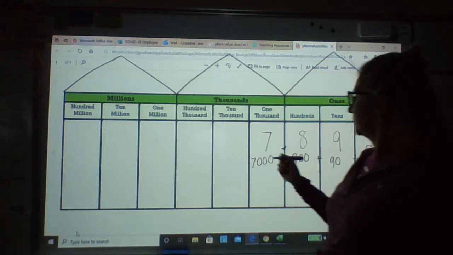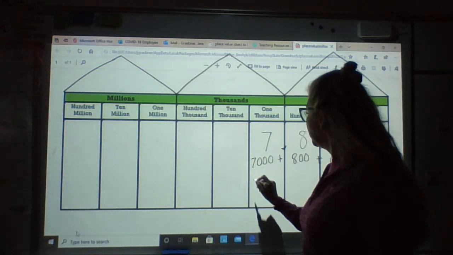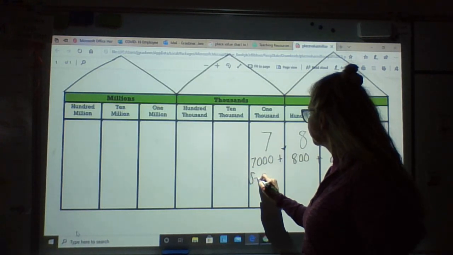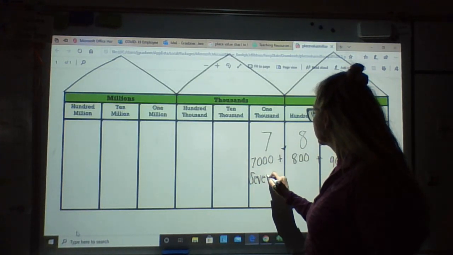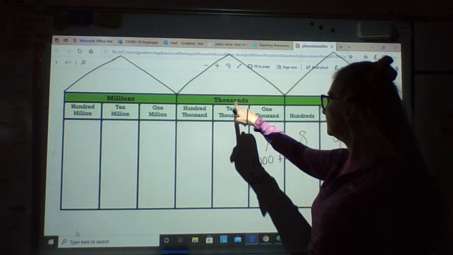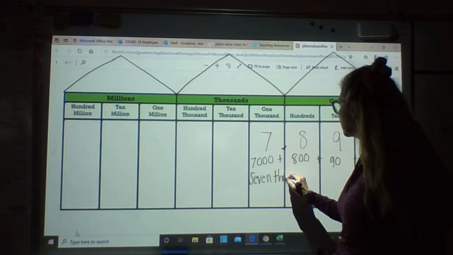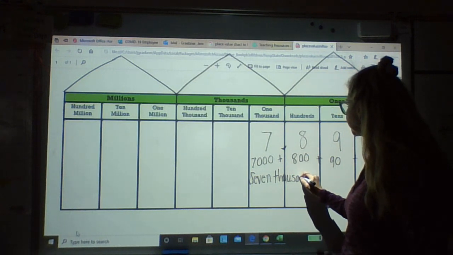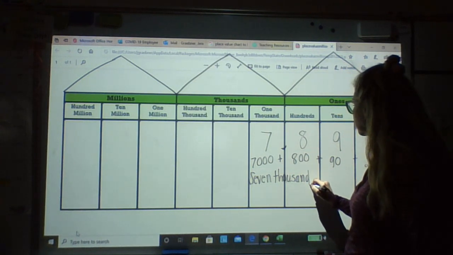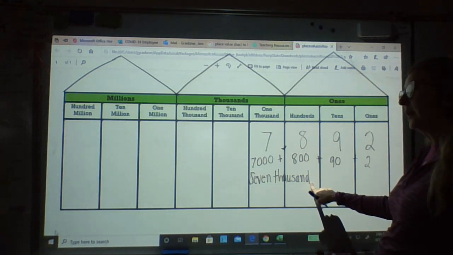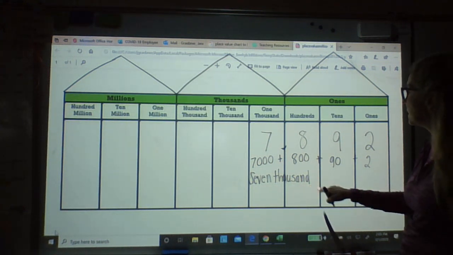Okay. So I'm going to start with my number 7. And I'm going to look up here. 7 is in my house of thousands, so I have 7,000. Do I need a comma here, Mr. Slider? No. Okay. Just keep going. 7,000.